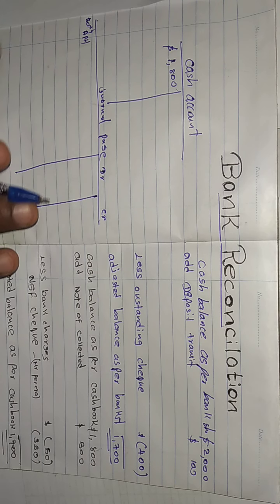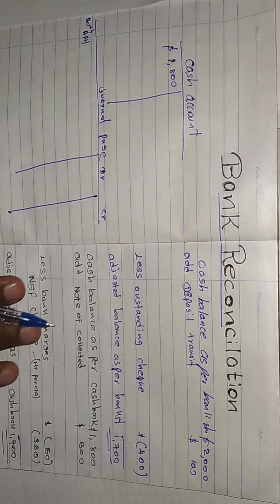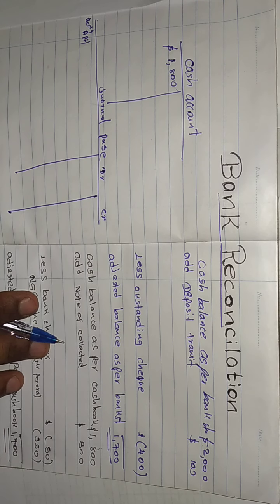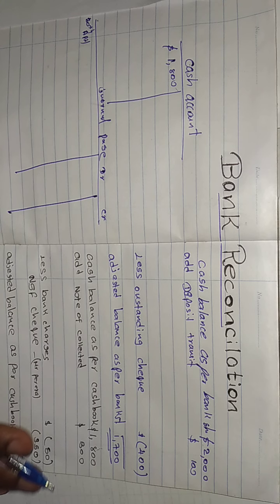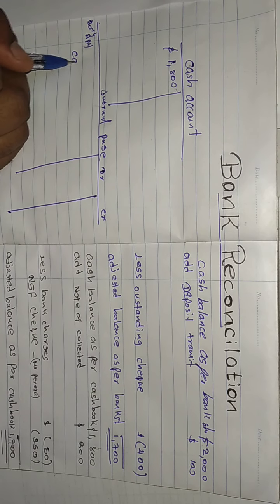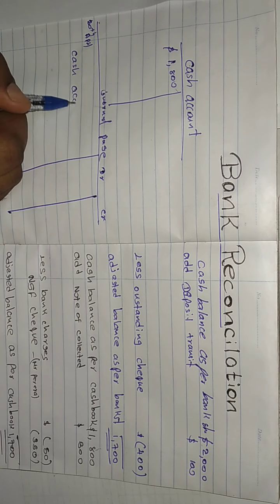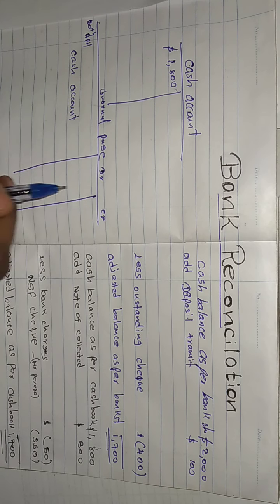The first one was the note that was collected. So cash went up $300. We are going to debit the cash account $300.